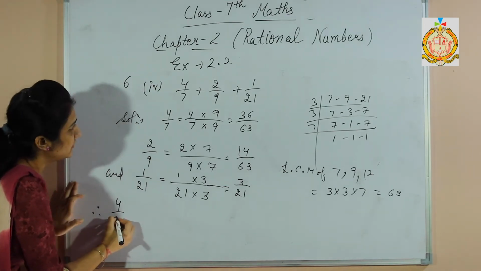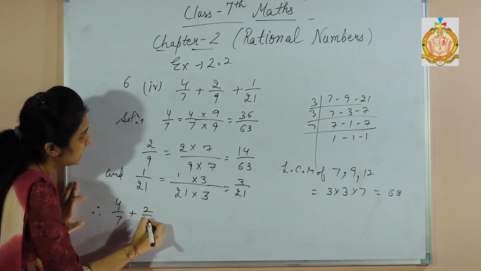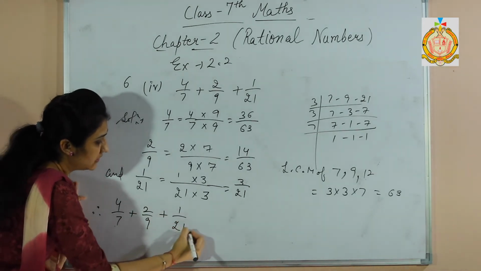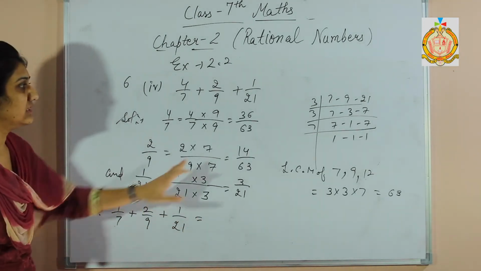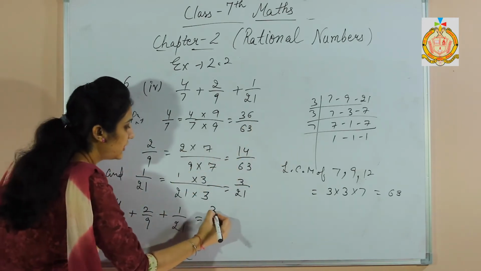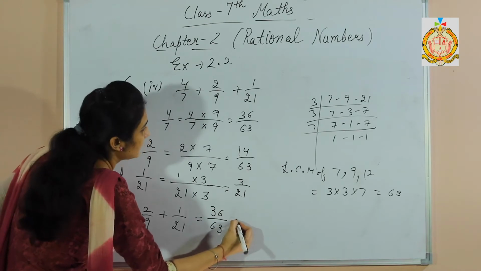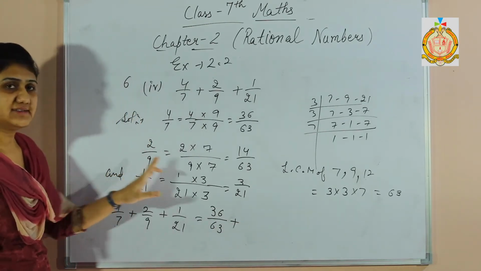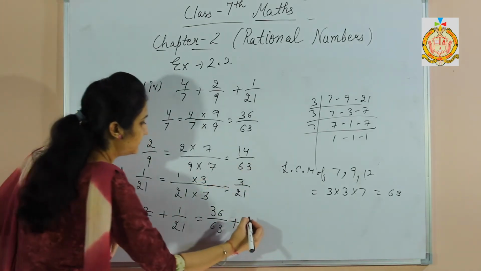Therefore 4 by 7 plus 2 by 9 plus 1 upon 21 equals 4 by 7 is nothing but 36 upon 63. So writing here, and 2 by 9 is 14 upon 63.